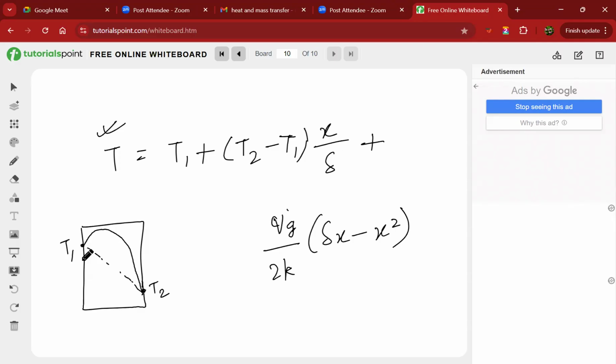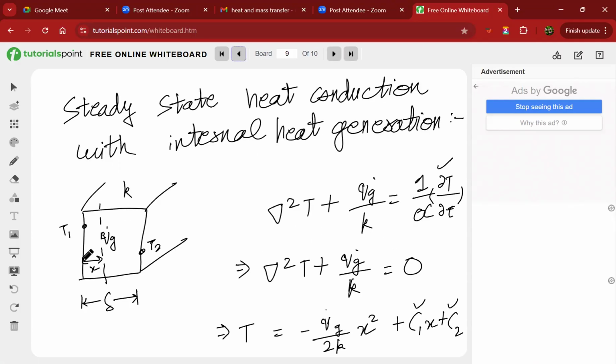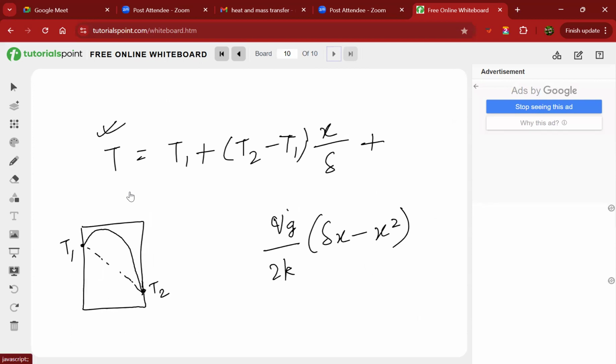Now you see, we are here talking about the cases where my thermal conductivity is constant. But all of us know that in some materials, there is a huge variation in thermal conductivity with respect to temperature. So how will my graph look in those materials?